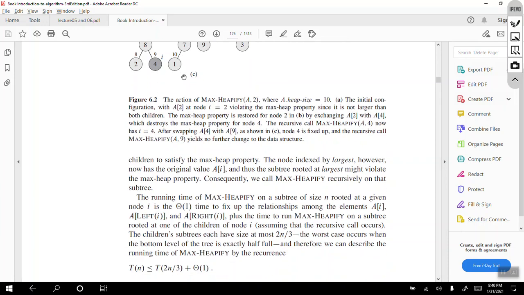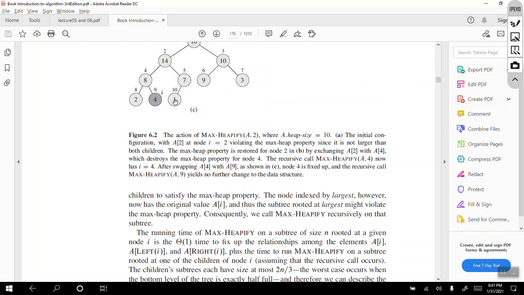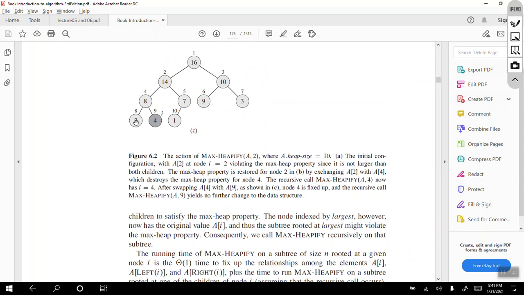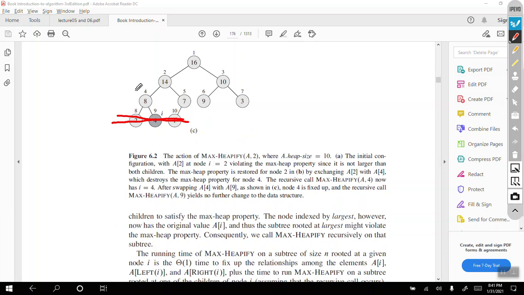Another thing is that if we think about the worst case, if there is at least one element in the last row, for instance, let us think that I do not have this element. Then how many elements do we have? 1 2 3 4 5 6 7, right?